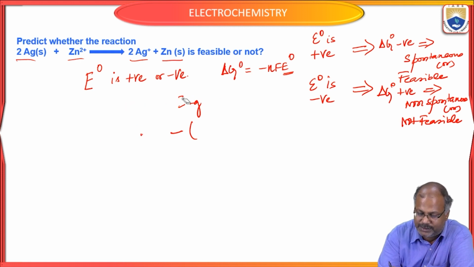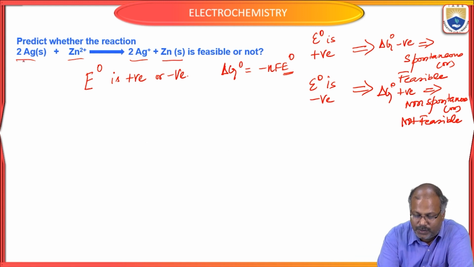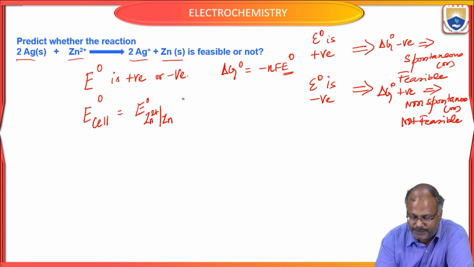For the reaction given, zinc is undergoing reduction, Ag is undergoing oxidation. So EMF, E naught of cell, is equal to reduction first, that is E naught of zinc 2 plus by zinc minus E naught of Ag plus by Ag.